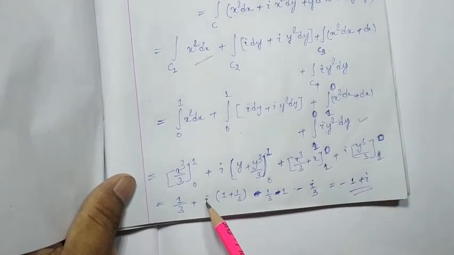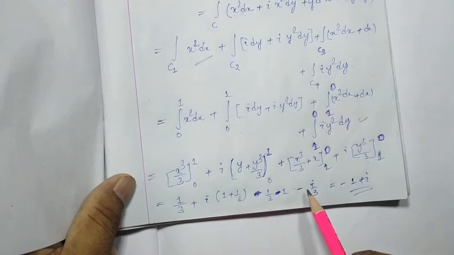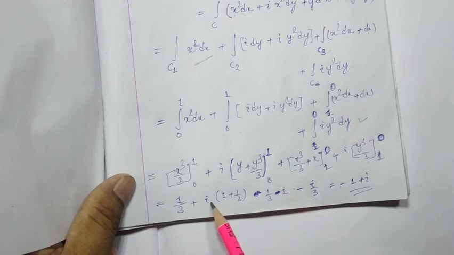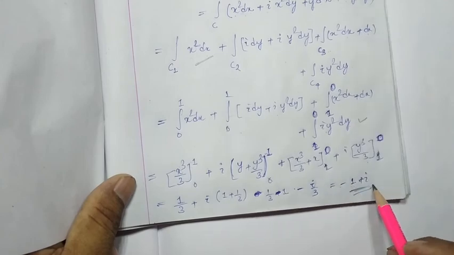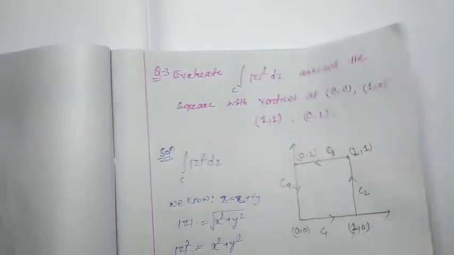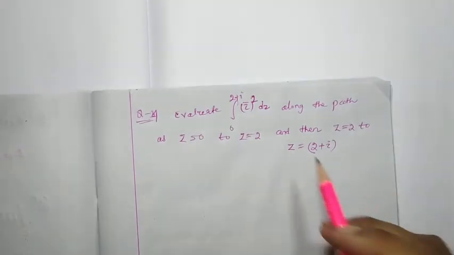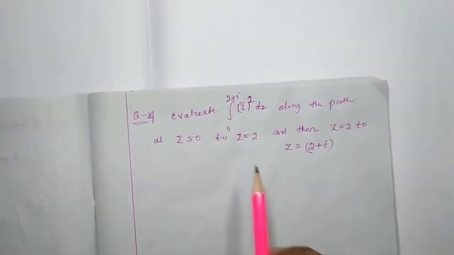So here you can see plus i by 3 minus i by 3 got cancelled. And 1 by 3 plus 1 by 3 minus 1 by 3 also got cancelled. Here the only terms left are minus 1 and 1 i. So the answer we found is minus 1 plus i. This is your answer.